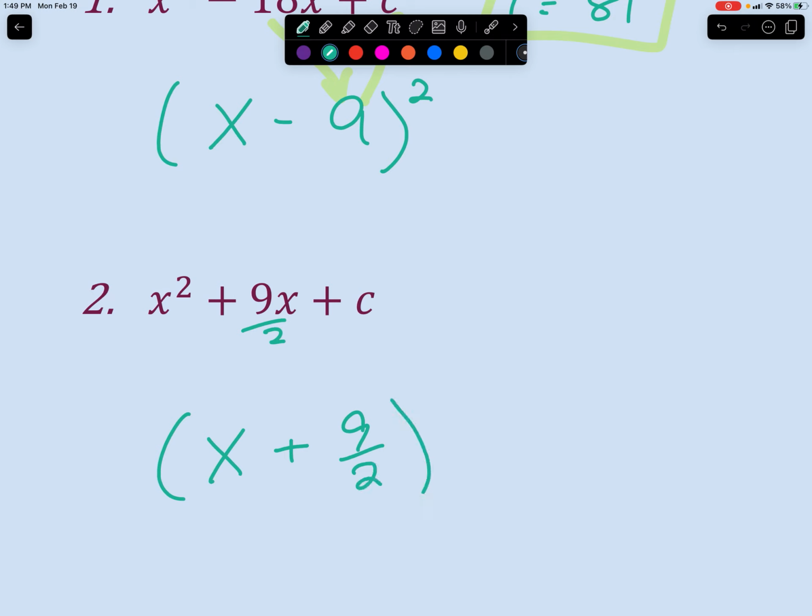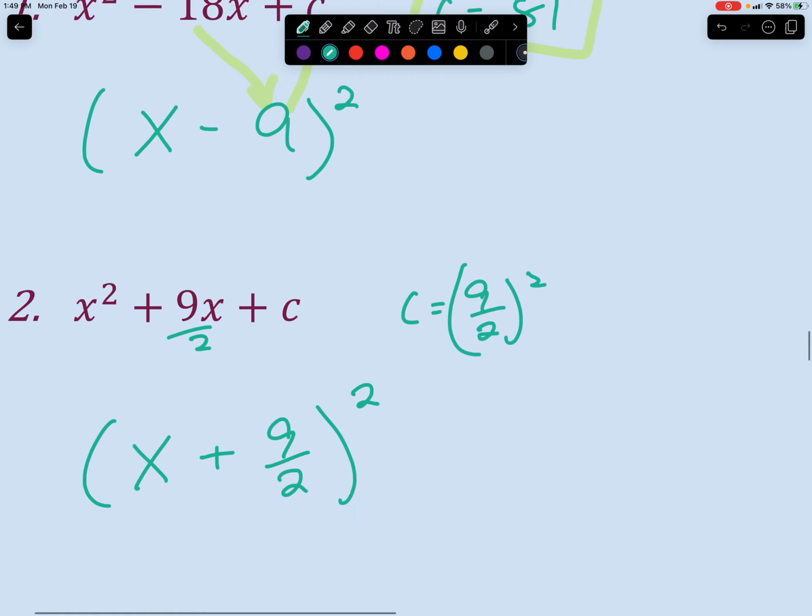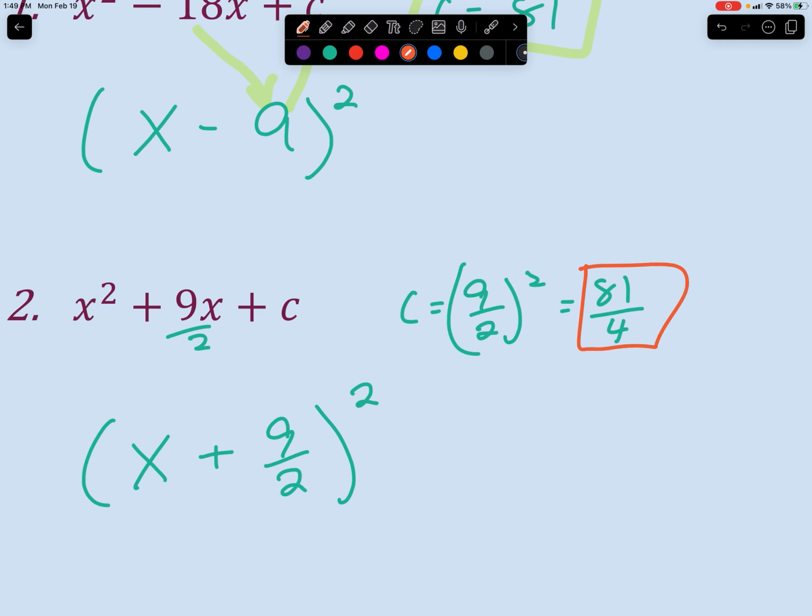Don't sweat it, leave it as a fraction. Square it. We're going to get 9 divided by 2 squared, and before you freak out, just square the 9, that's 81. Square the 2, that's 4. So the constant for this one would be 81 over 4. Again, follow the check mark. Divide by 2 and square it.